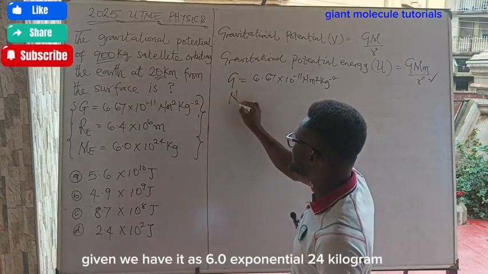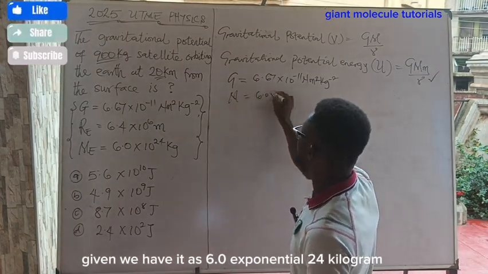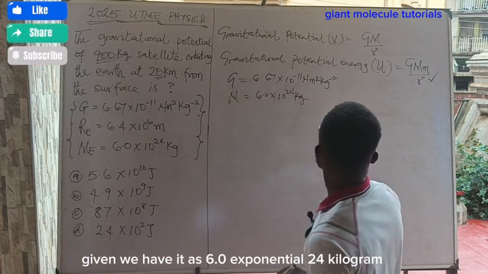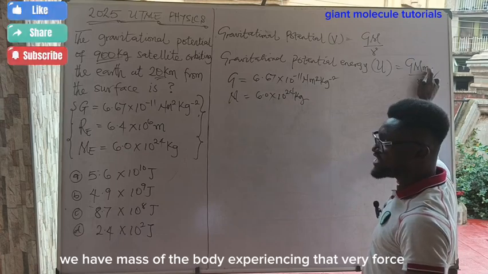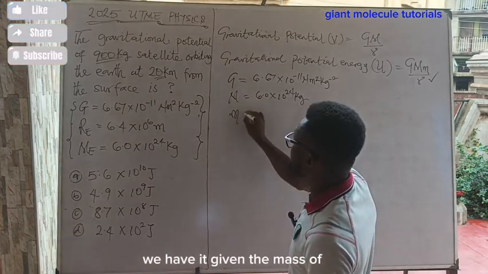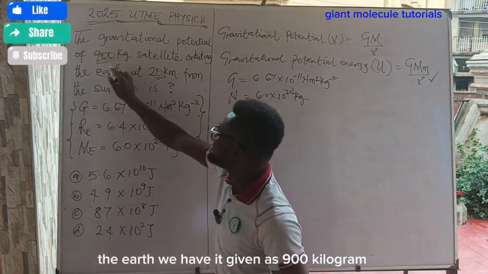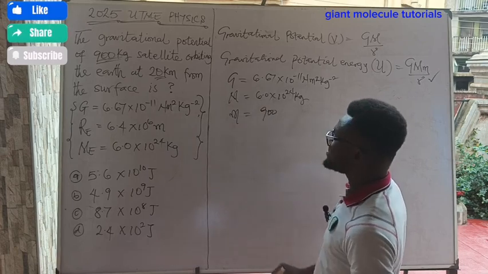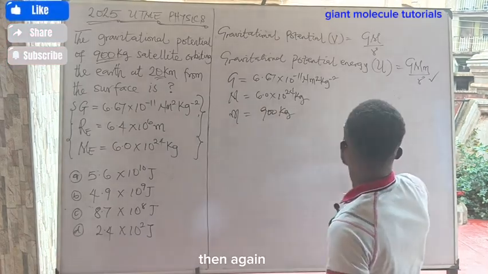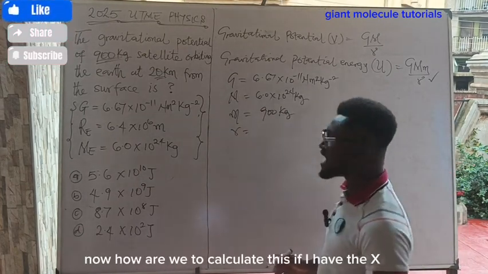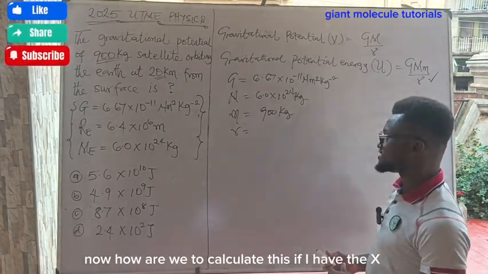We have it as 6.0 exponential 24 kilogram. Then we have the mass of the body experiencing that very force. We have it given as 900 kilogram. Then again, the distance of the body from the center, R. Now, how are we to calculate this?